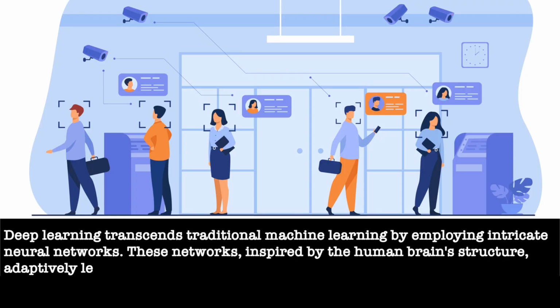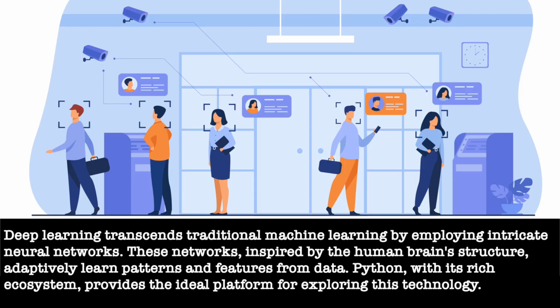Deep learning transcends traditional machine learning by empowering intricate neural networks. These networks, inspired by the human brain structures, adaptively learn patterns and features from the given dataset. Python, with its rich ecosystem, provides the ideal platform for exploring this technology.